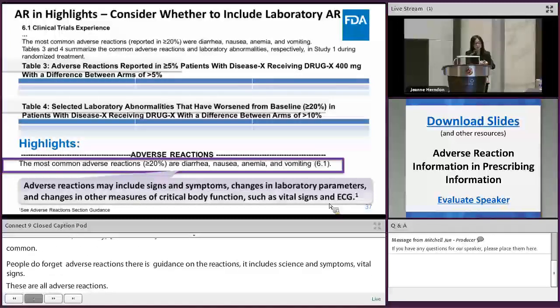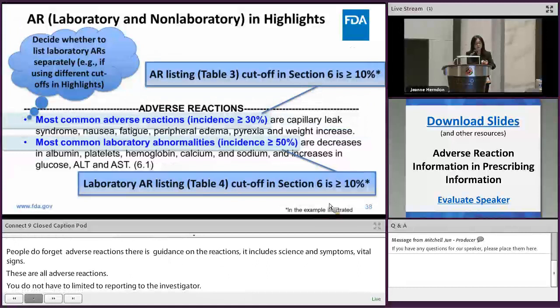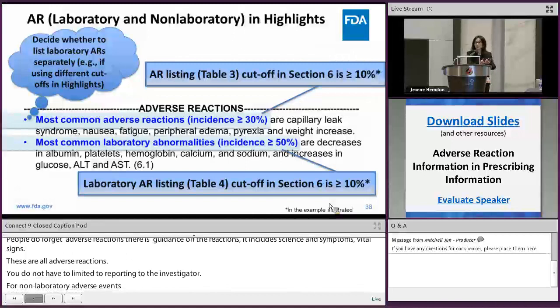Here's an example where it was decided that adverse reactions are only reported for non-laboratory adverse reactions, but you could consider whether you want to include laboratory reactions as well. If you decide to bring them into the highlights, you would want to decide whether to put them together in one listing or in two different listings.